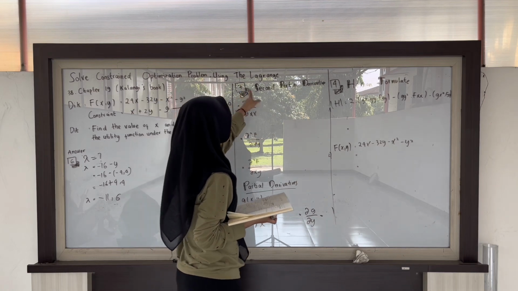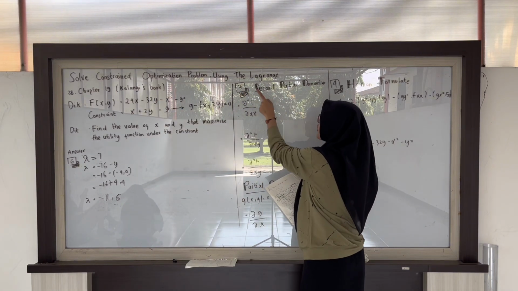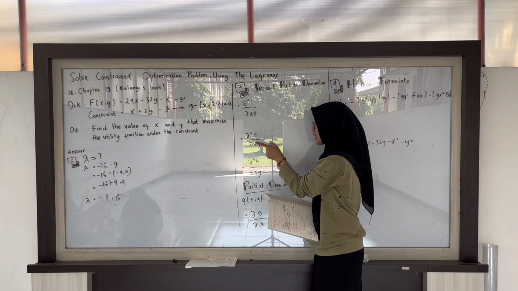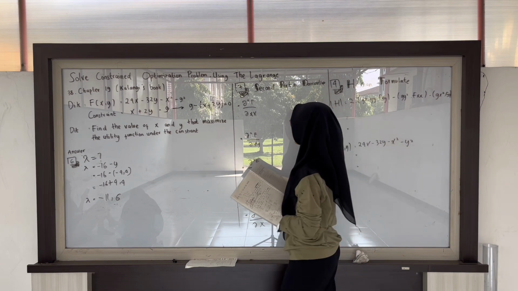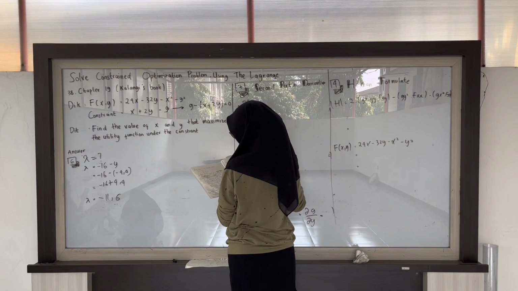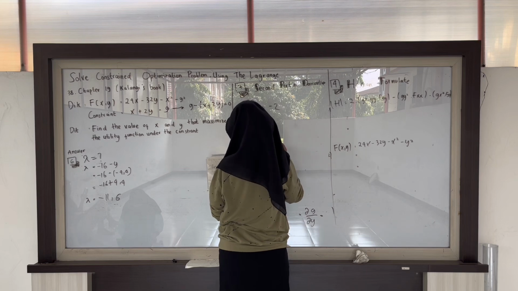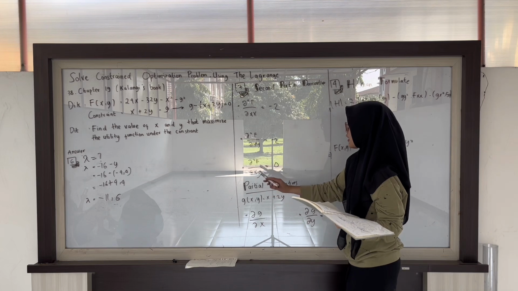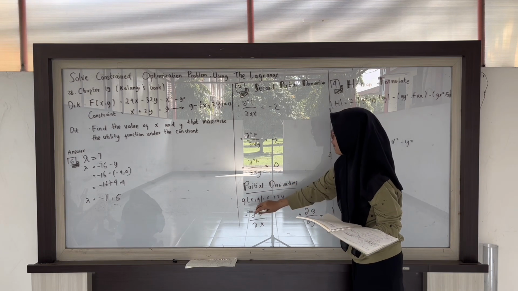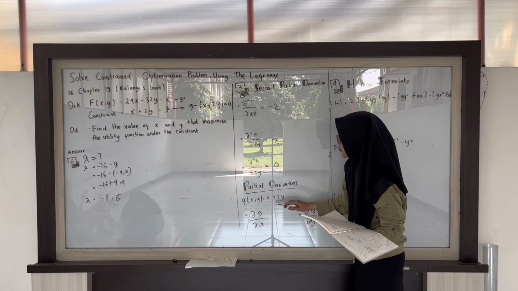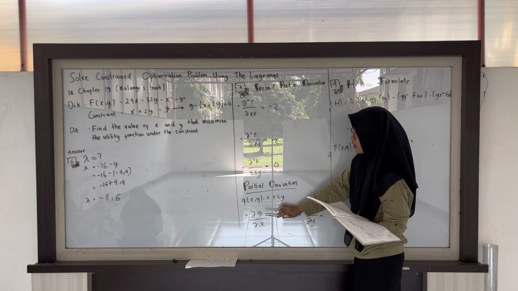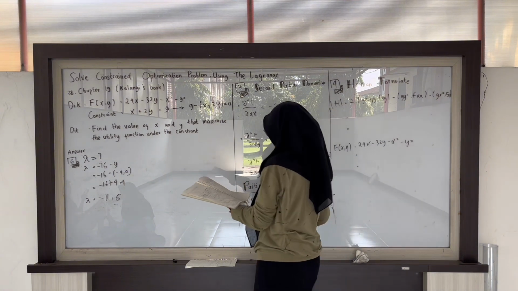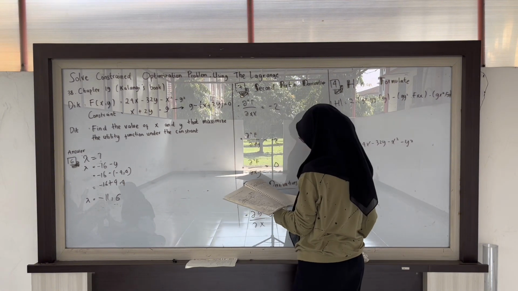Okay. To confirm if it's a maximum, we use the Hessian formula. So we find the second partial derivatives of f with respect to x squared, y squared, and xy. And then we find the partial derivatives of g of x y equals x plus 2y with respect to x and y. So we get 1 and we get 2.